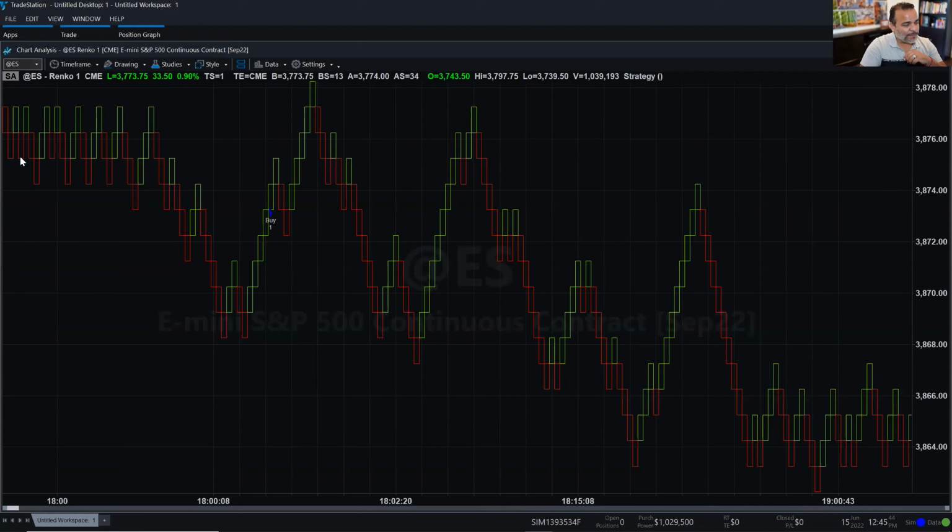So all these, I'm sure that if I count them, I'll get about 50 boxes up until the strategy is able to generate a trade. That's why this buy entry is somewhere in the middle of this uptrend and not at the beginning, because it used those very first 50 bars in the calculation.